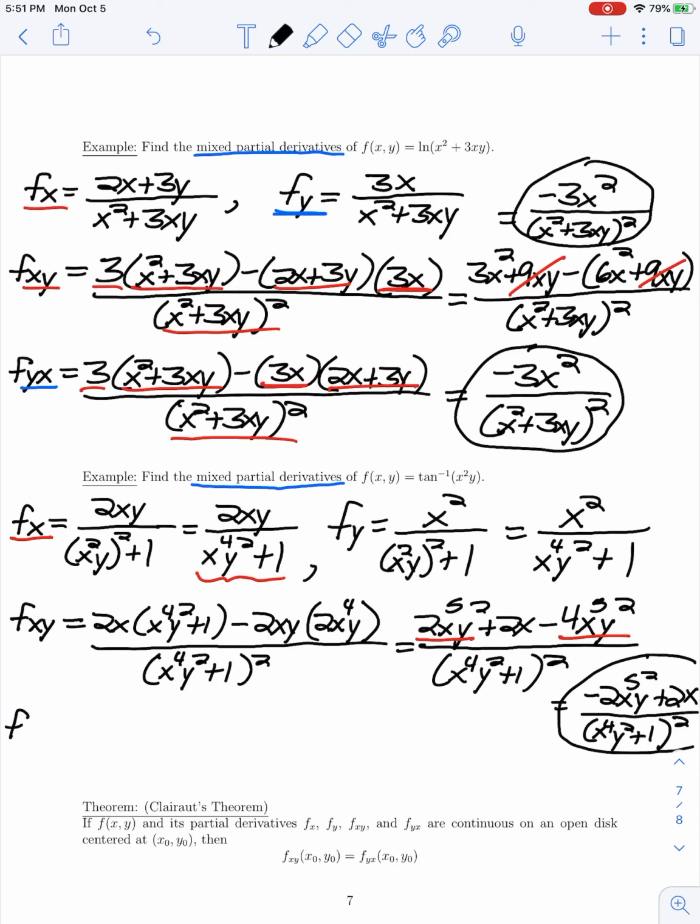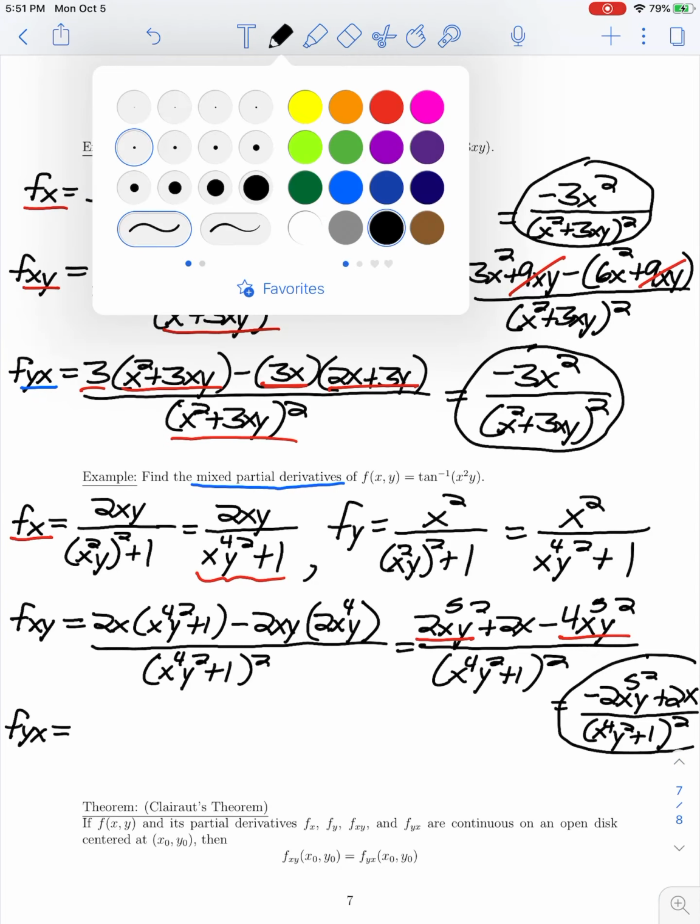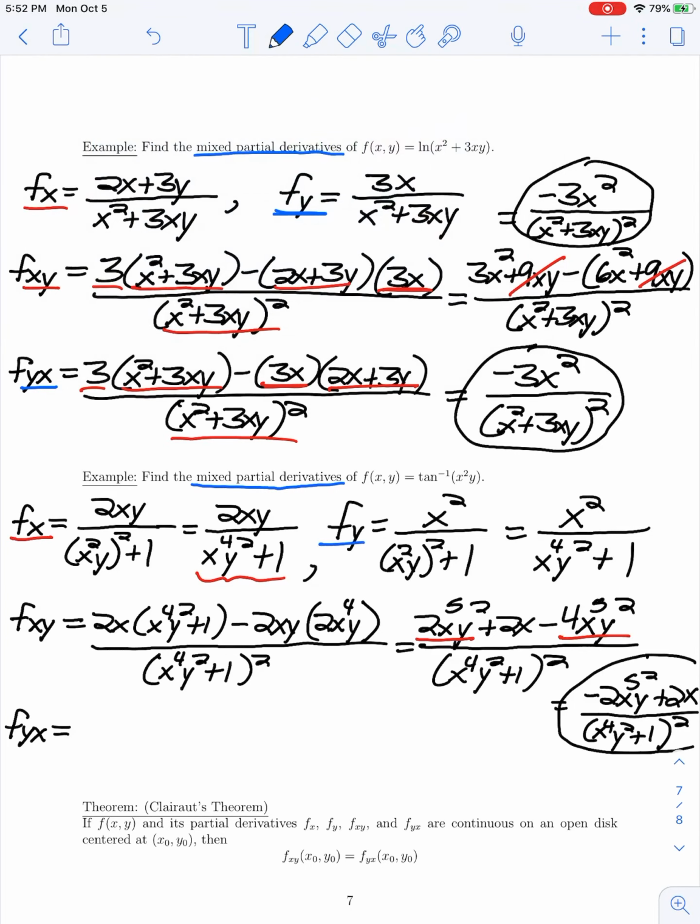Now, looking at the partial f sub yx, we start by taking the partial derivative of f with respect to y, which was found here, and then we differentiate with respect to x.